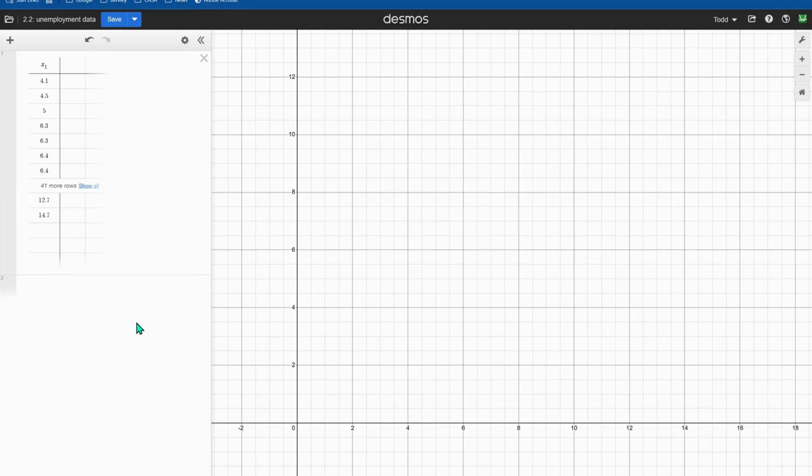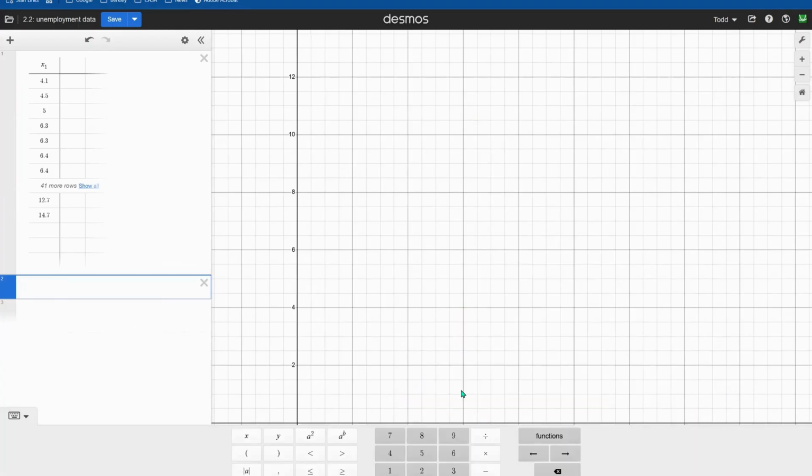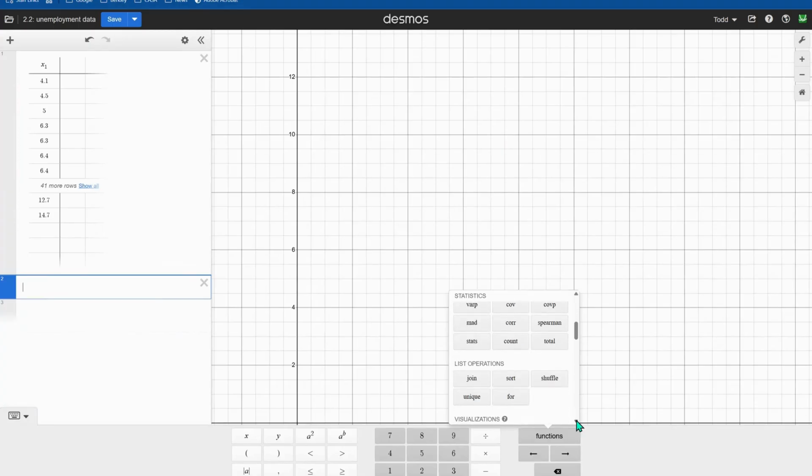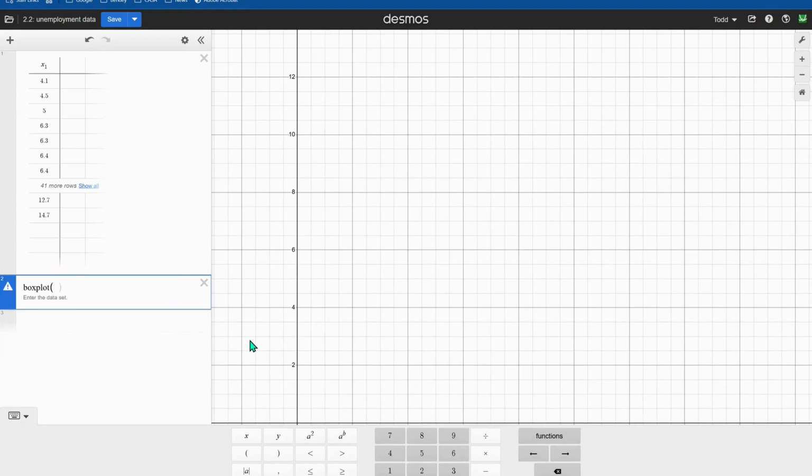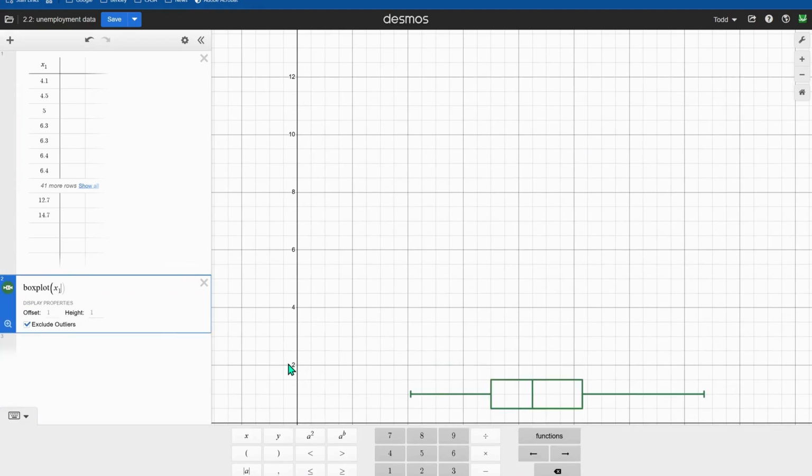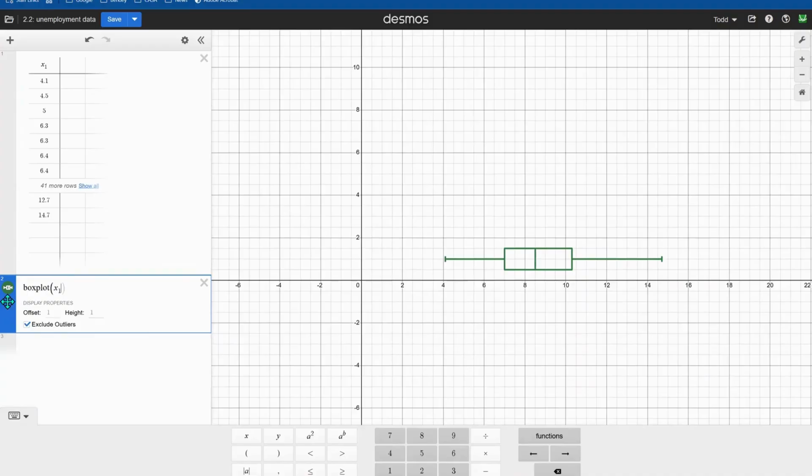I'm going to hide the histogram and go to another visualization, which is the box plot. Again, my data set is X1, and we can hit that zoom fit to see that data.